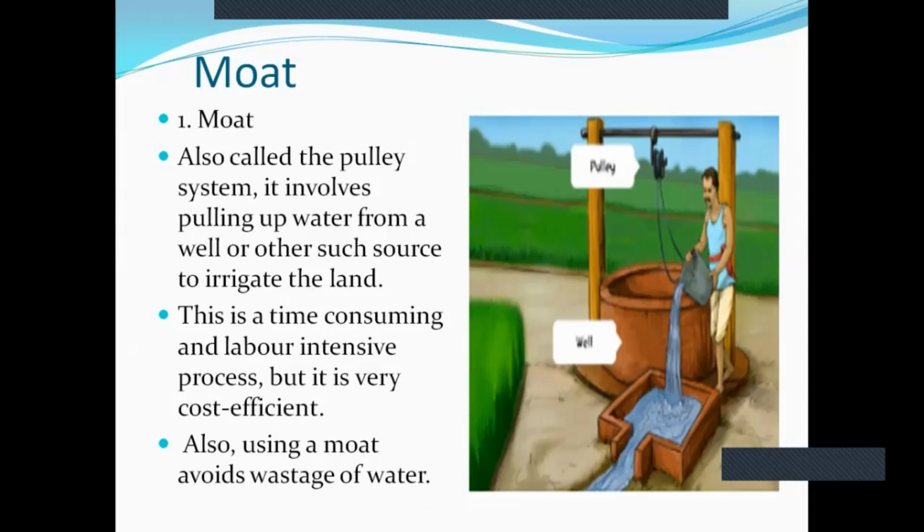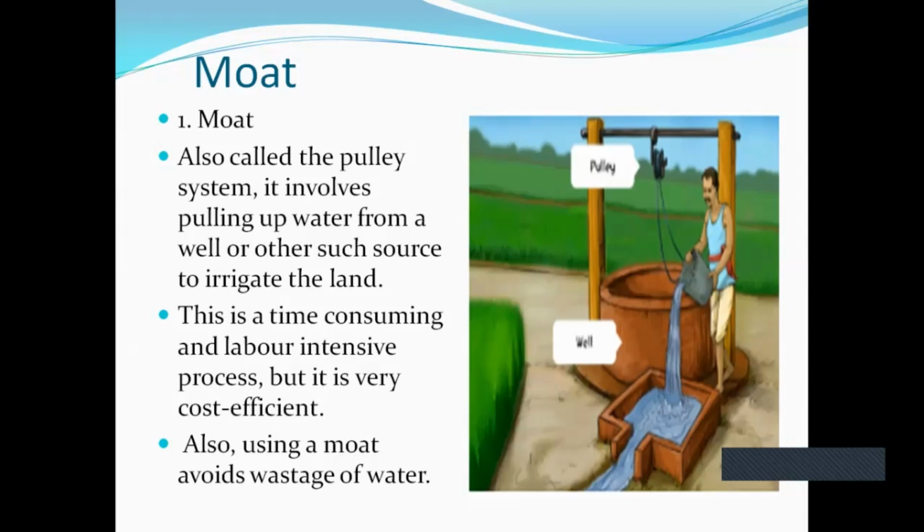I have shared a picture here. Can you see a farmer? What is he doing? He is using a pulley to remove the water from the well. A pulley system is involved in this moat. The water is pulled out from the well with the help of a pulley.